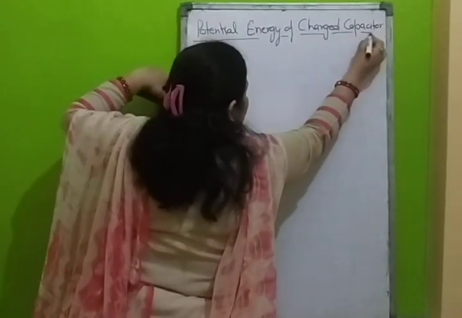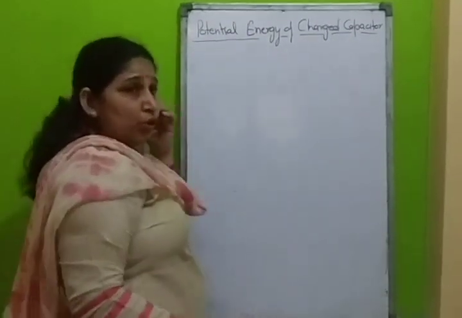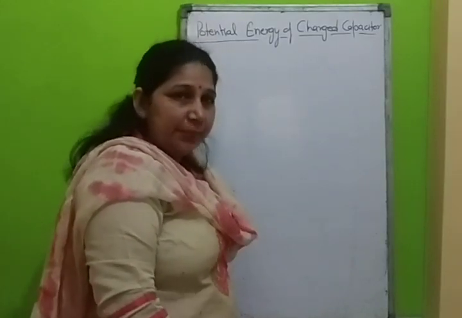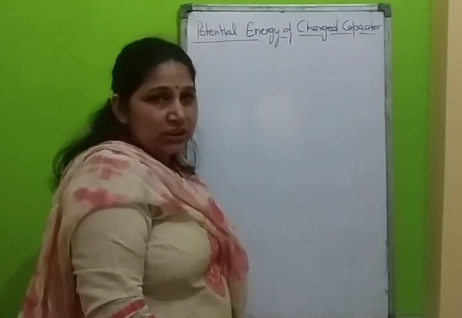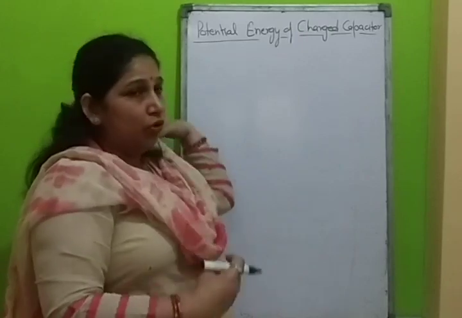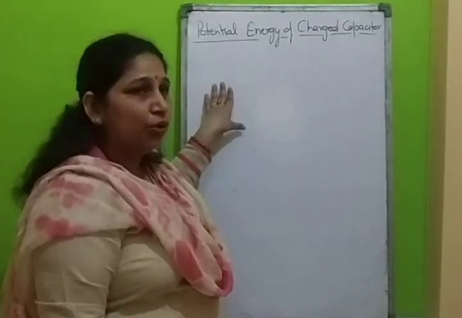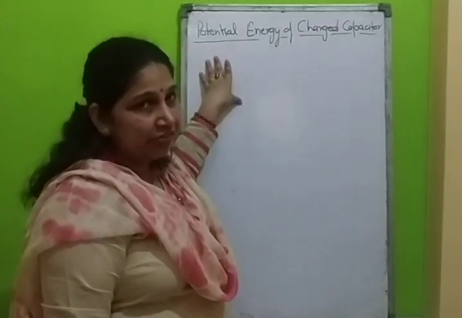When we charge a capacitor, we store the charge on the plates of the capacitor, and during this process we have to do work, and this work is stored as the potential energy of the capacitor.